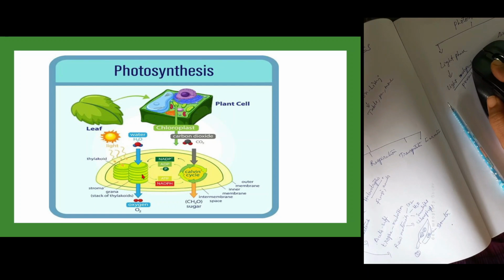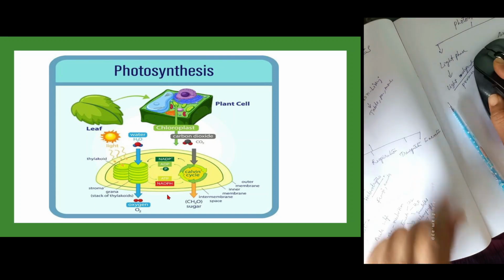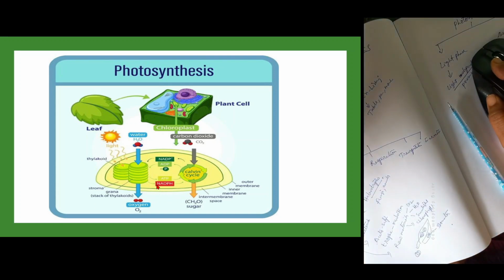When it splits, what is happening? It produces some assimilatory powers, that is ATP and NADP. ATP is adenosine triphosphate, and NADP is nicotinamide dinucleotide phosphate, and these are the assimilatory powers.